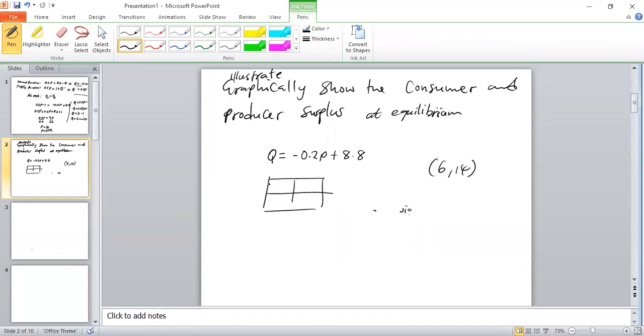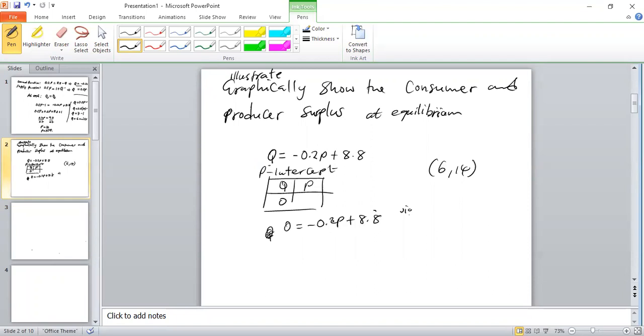So I only need one point, which is the P-intercept. I only need the P-intercept for both. So the P-intercept, it means the value of Q is 0 and P is what we want. So we have Q as 0. We put 0 and say 0 is equal to negative 0.2 P plus 8.8.